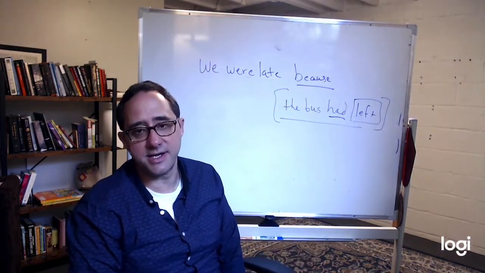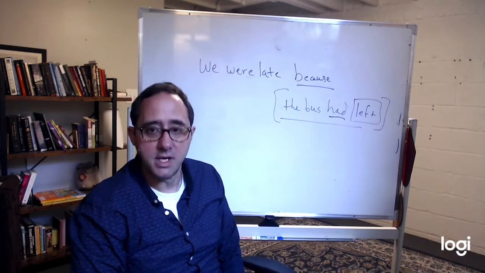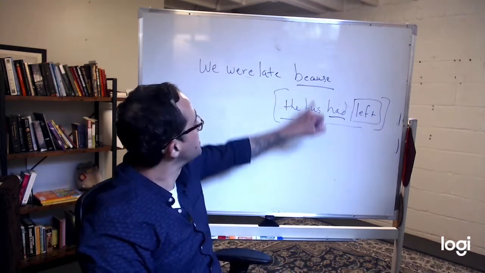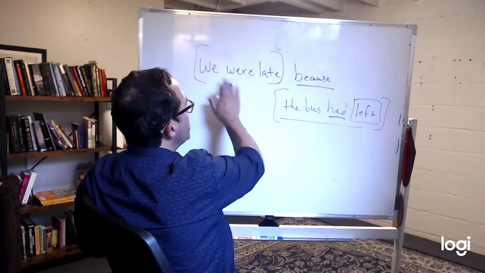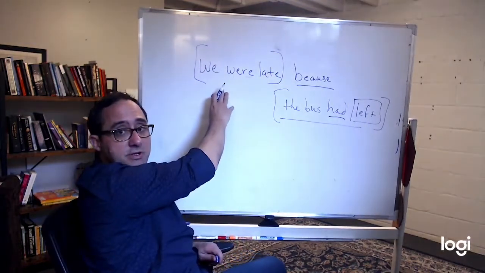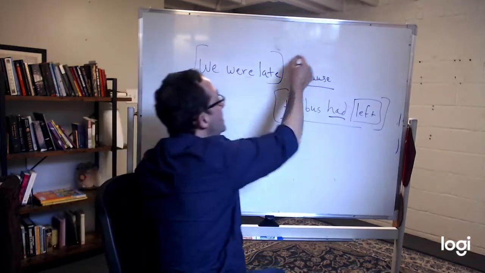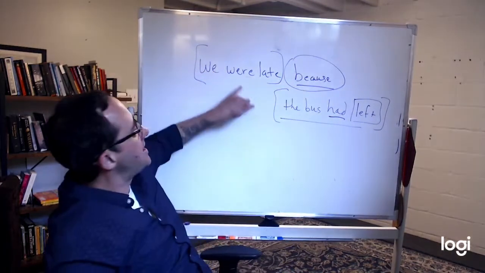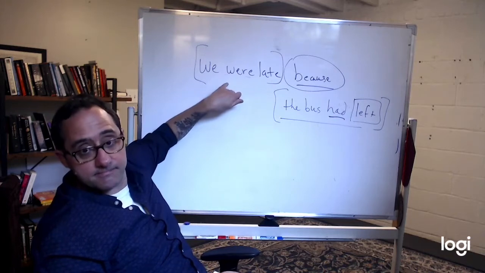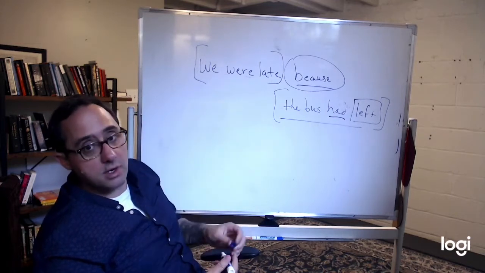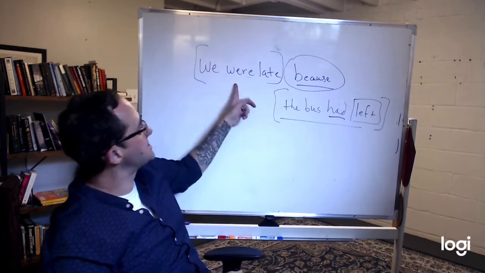Okay, so in that I could use the simple one, the past simple, first and put because. Because is the reason that we were late. Okay, it's the reason for. This is the cause of this.